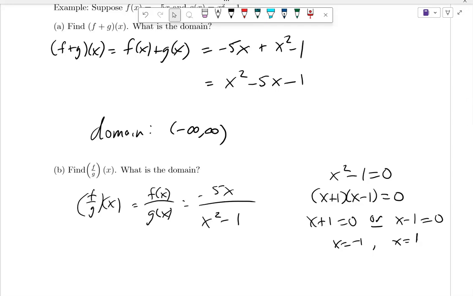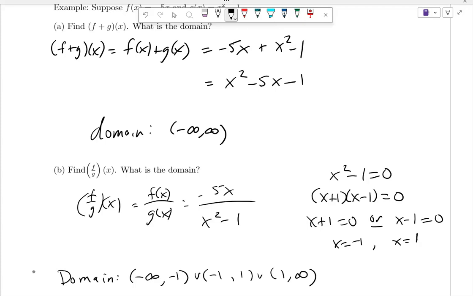So what's your domain going to be? We're going to go negative infinity up to -1, and then -1 to 1, and then 1 to infinity. Why would they be parentheses and not brackets?